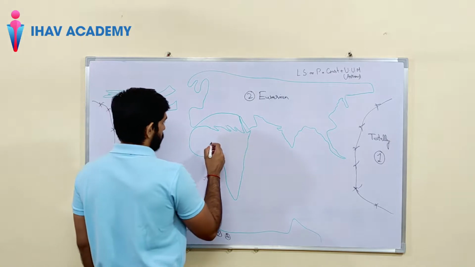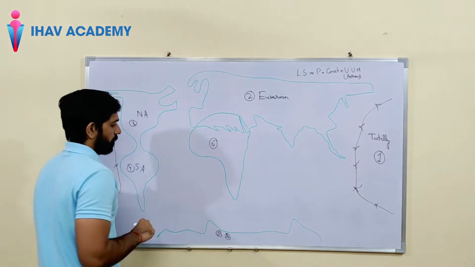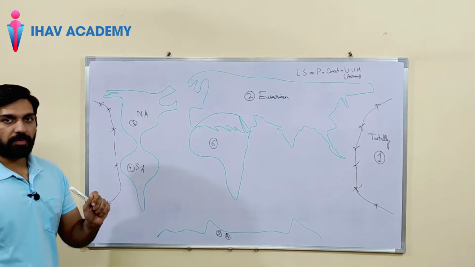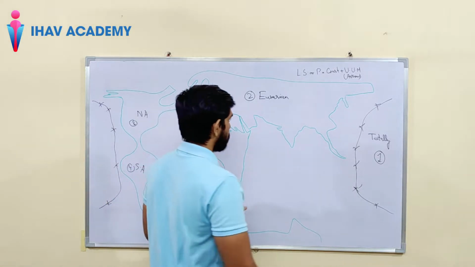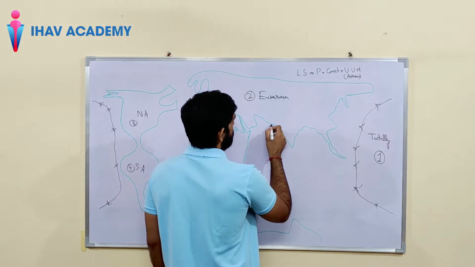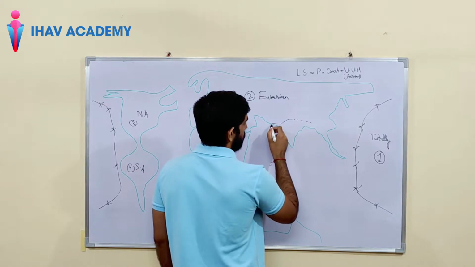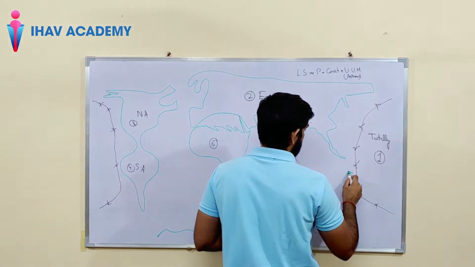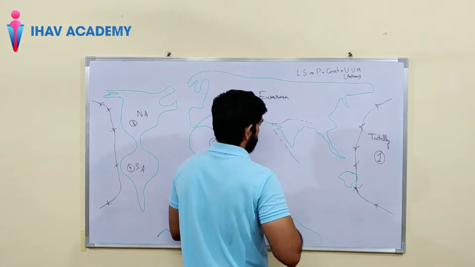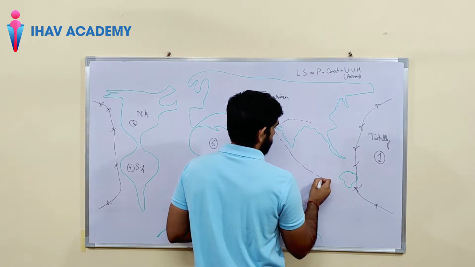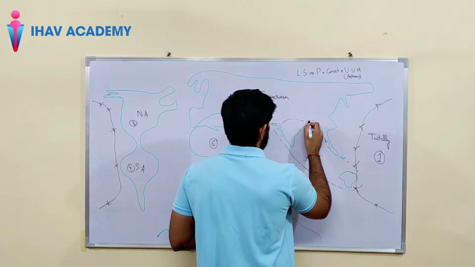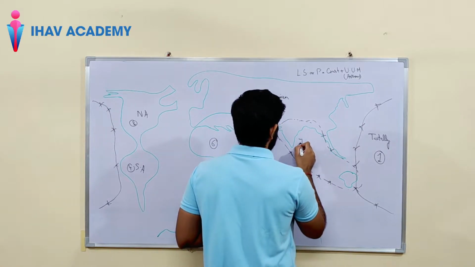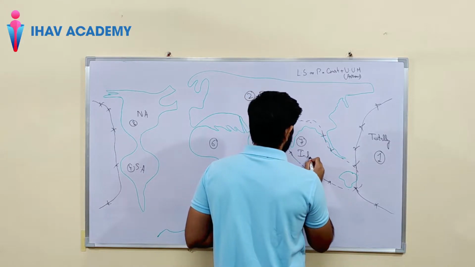This region is the sixth plate, which is known as the African continent. So everything is covered, but one small thing is left. This is yet another plate, this is our Australia. This is yet another plate, which is the last major plate, number seven, the Indo-Australian plate.